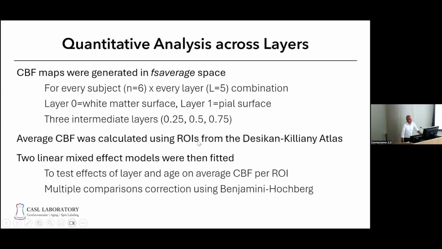Lastly, we've done some pretty preliminary quantitative analysis to try to look at this depth dependence effect. We transformed these CBF maps into FS average space using FreeSurfer, calculated average CBF values inside of regions of interest using the DK atlas, and then looked at the effect of layer and age on these values.